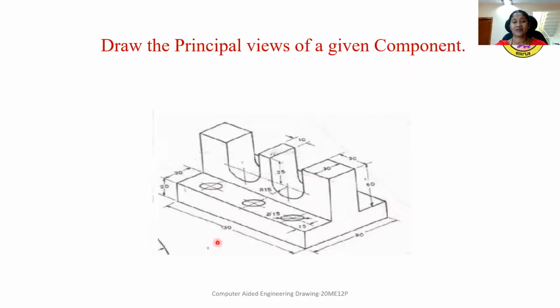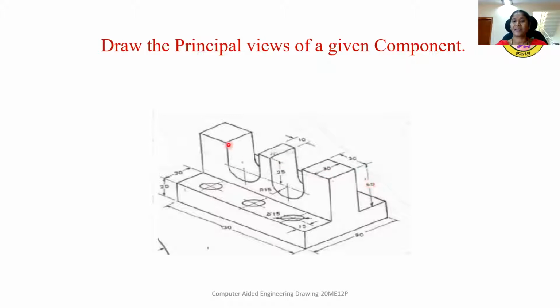Coming to the front view, if I look from this direction, first I can see one rectangle of length 130 mm and height 20 mm. Above this, I have another rectangle of length 130 mm. This height is indicated here. The height is 60 mm.